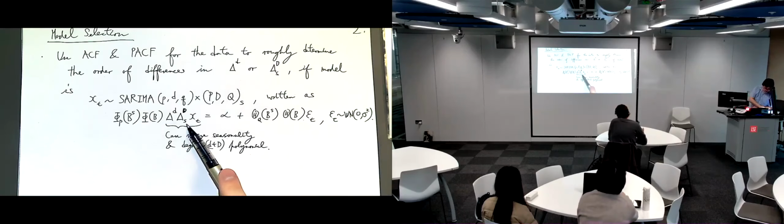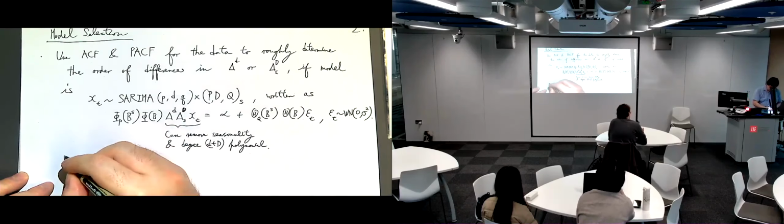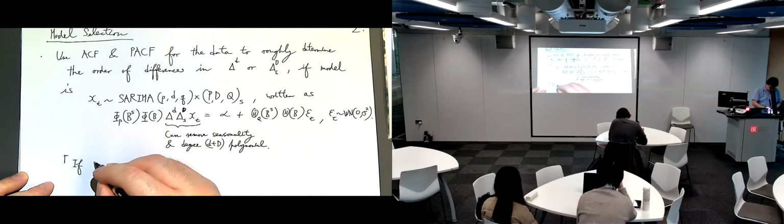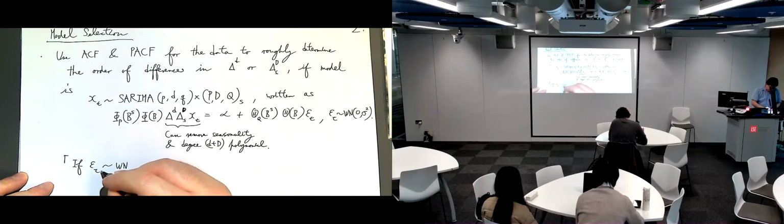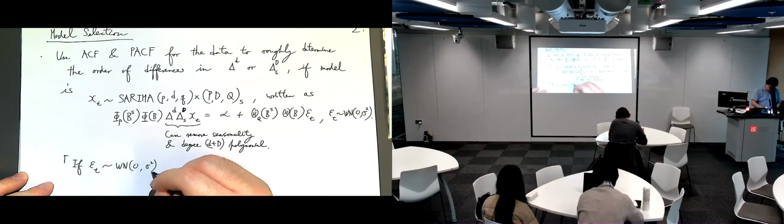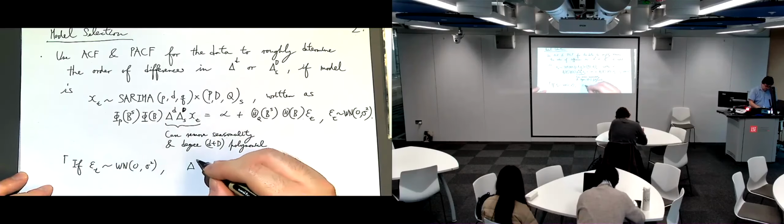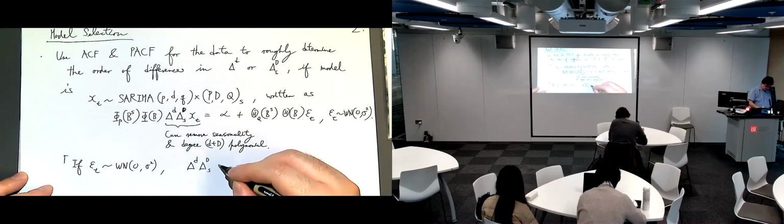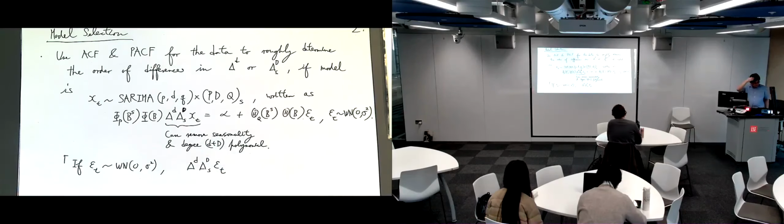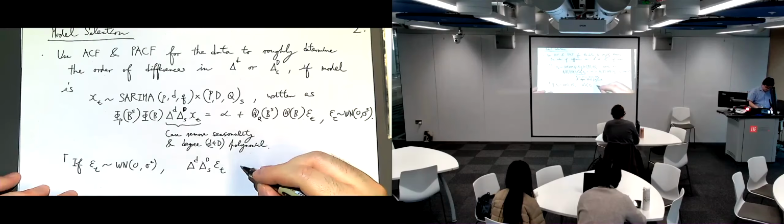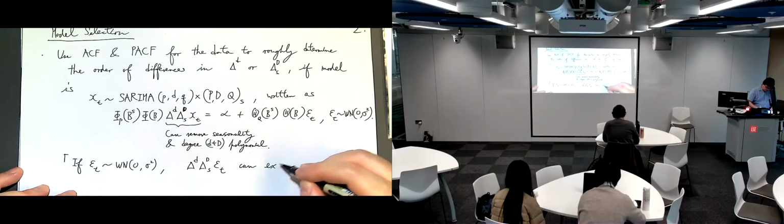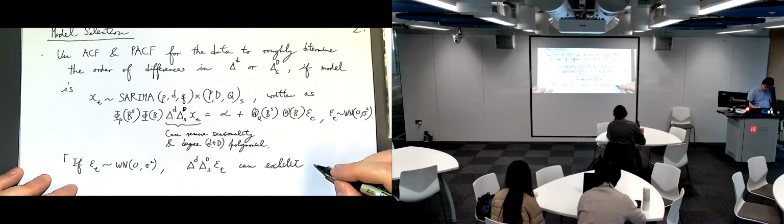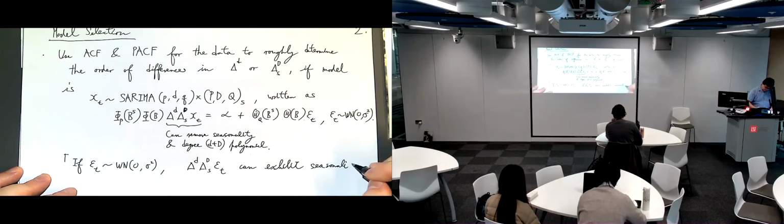Actually, if epsilon t is white noise, the transformed white noise can exhibit seasonality, albeit maybe not strong.